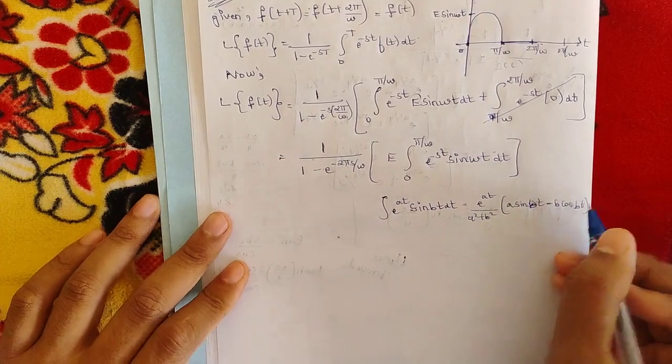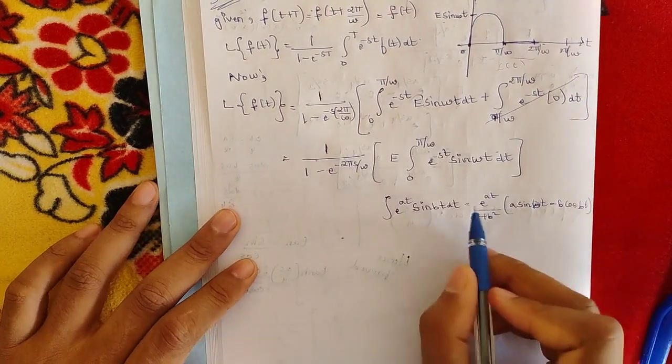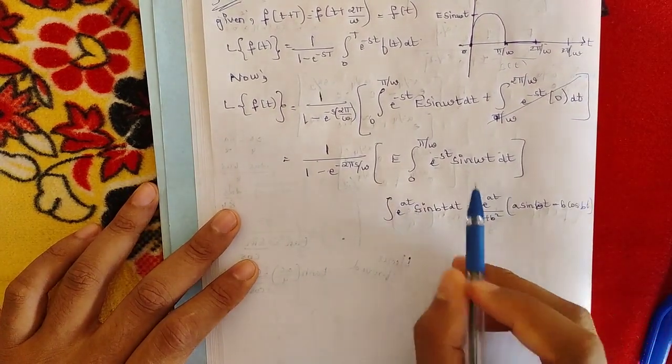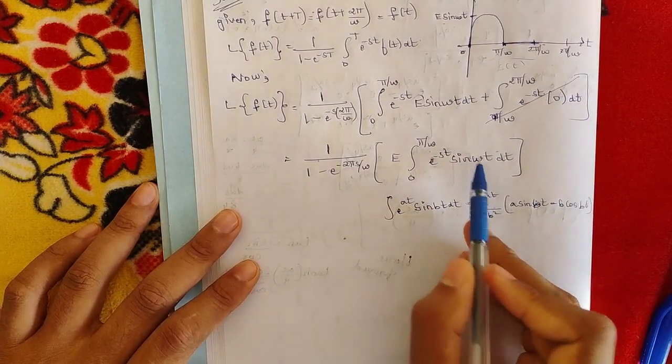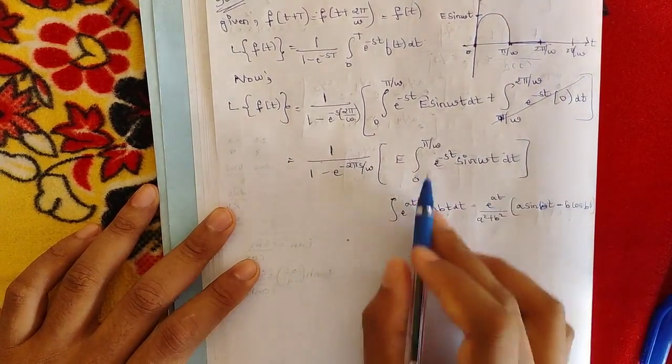According to the formula, the values of a and b are minus s and omega. So substitute the integral here.